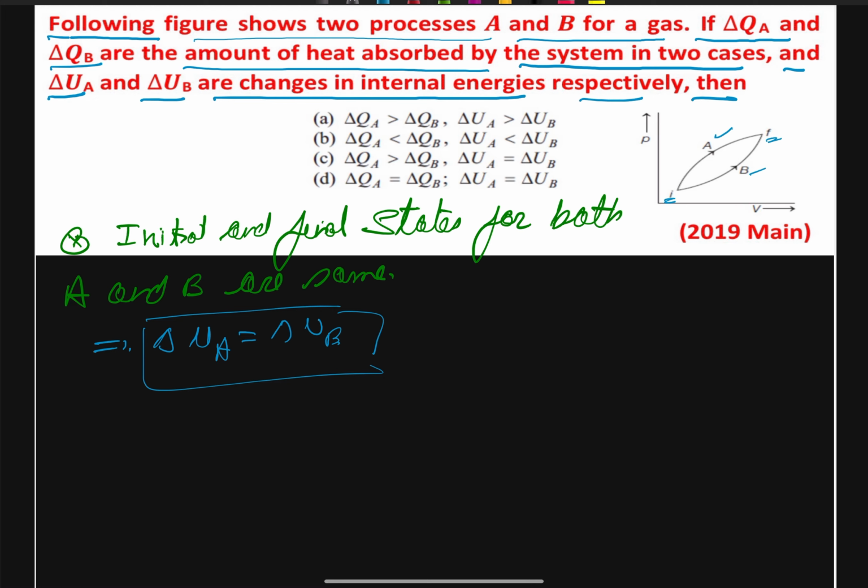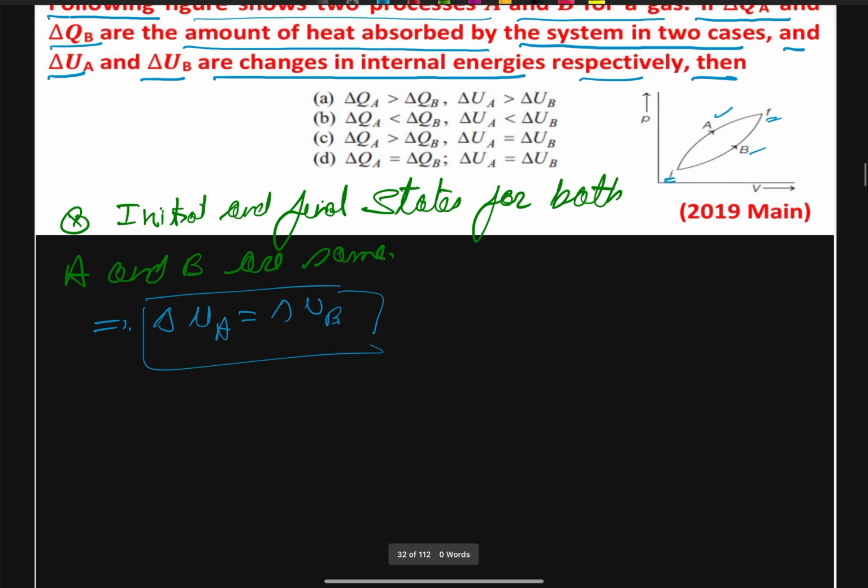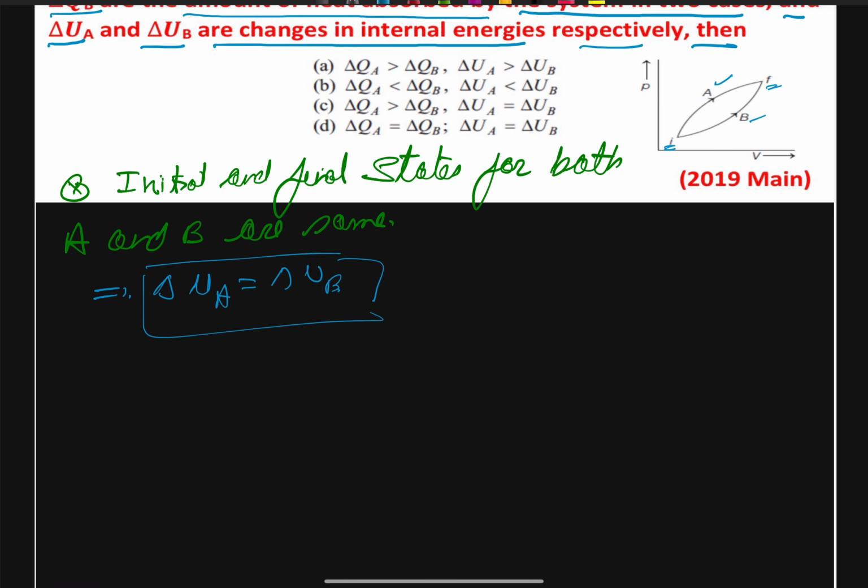So from the graph itself we can see that work done for A will be greater than work done for B. Okay, based on their area also, we can just say it.